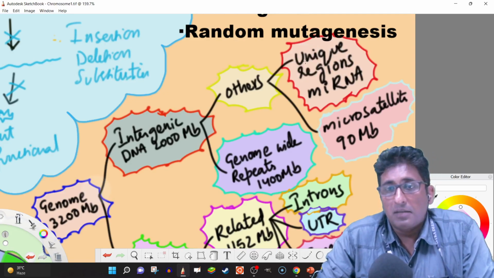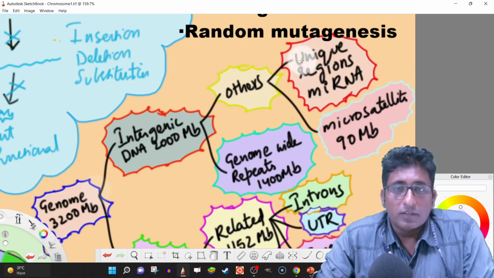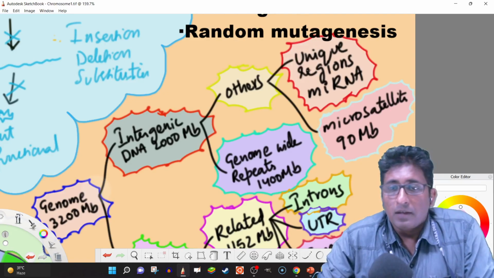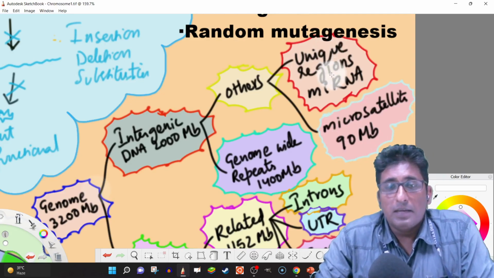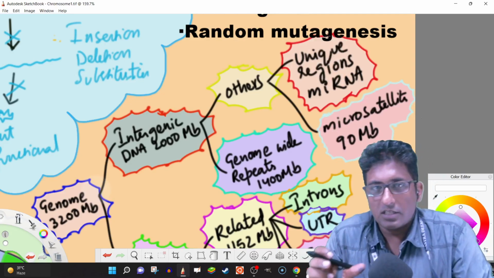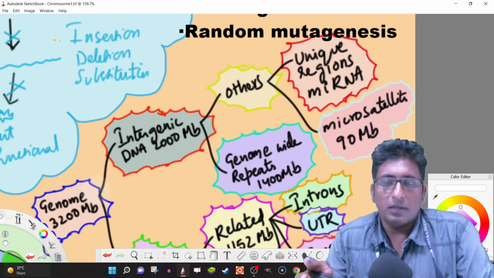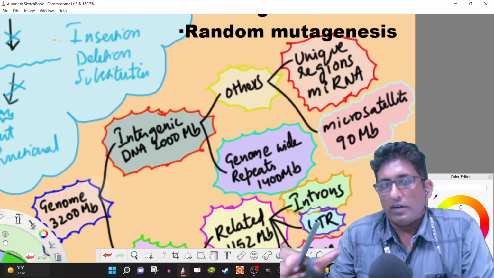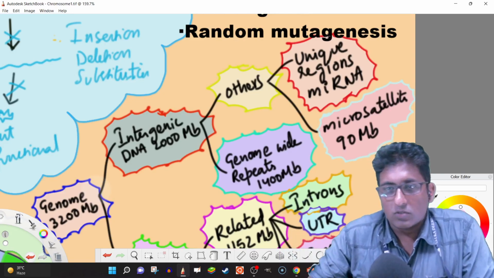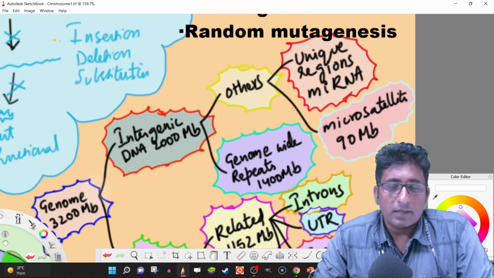If they are manipulated or malfunction, it could cause diseases. And there are also microsatellites, which is about 90 MB. Microsatellites are small regions, say 5-10 bases, and the sequence keeps repeating in that one region for a long time. Those are referred to as microsatellites.